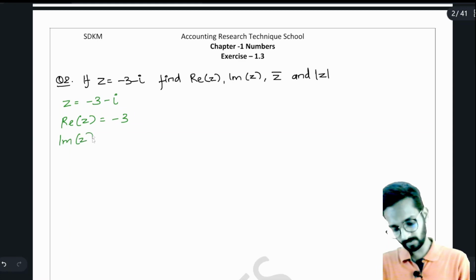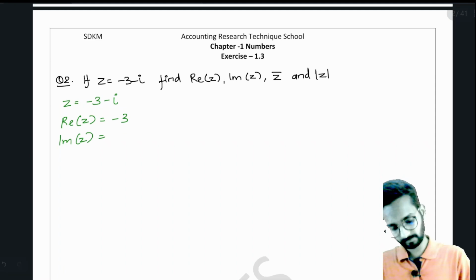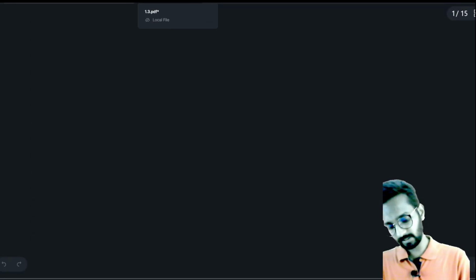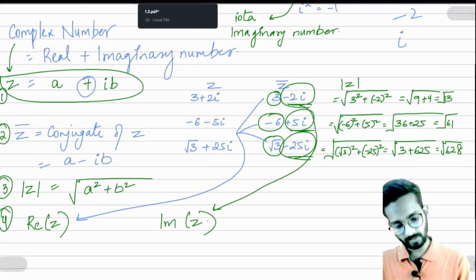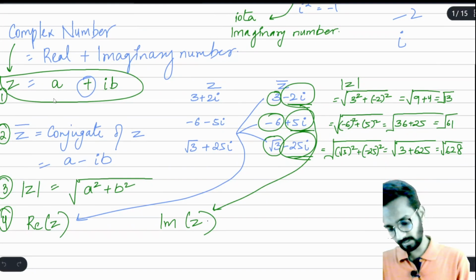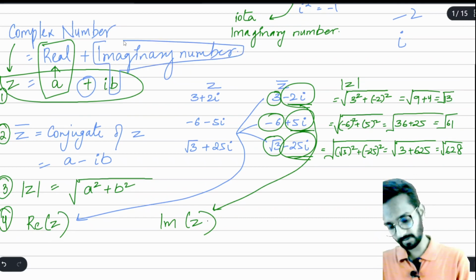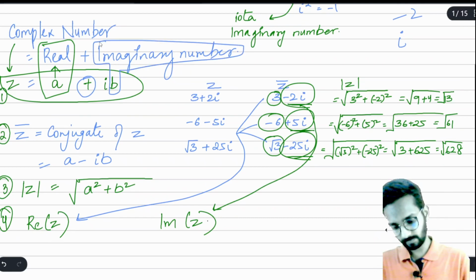The imaginary part here is minus 1. Remember, if I have to tell you this thing again, see a plus ib, this a is the real part and the b is your imaginary part. Remember this thing.